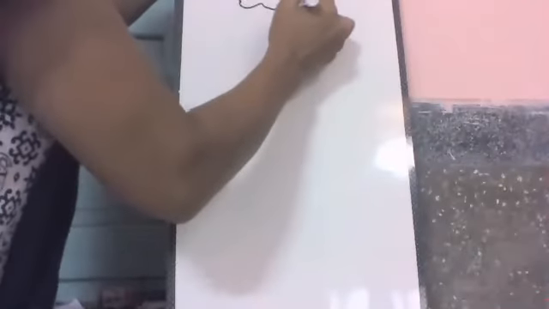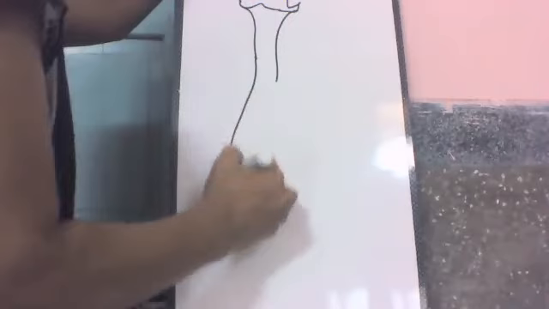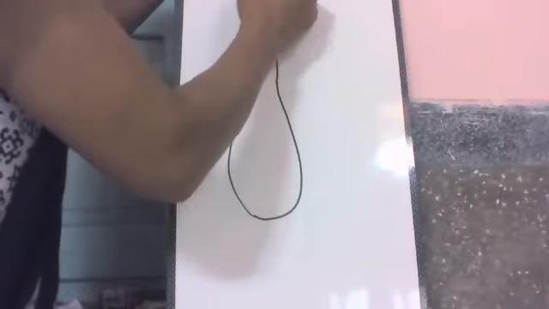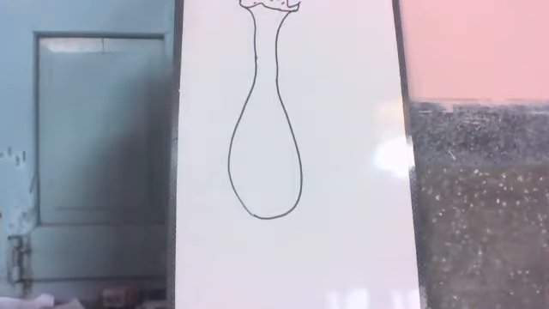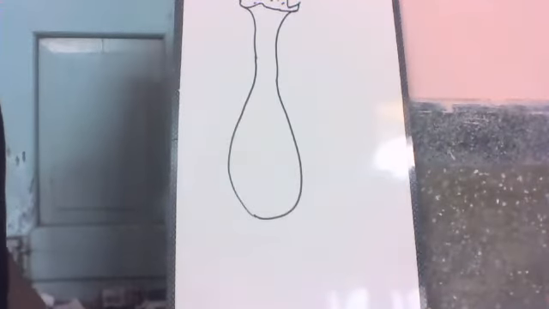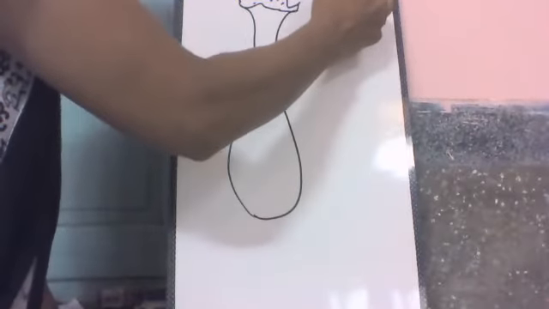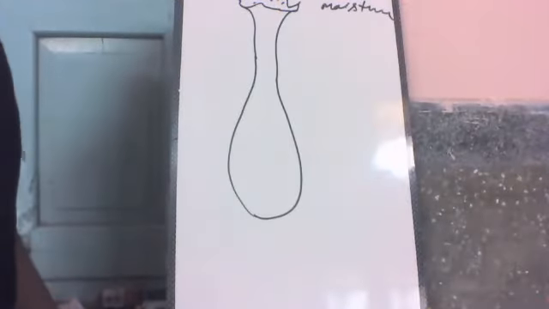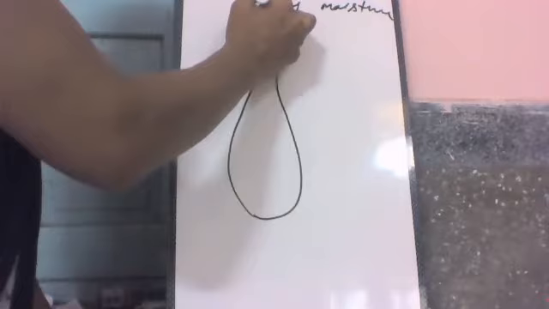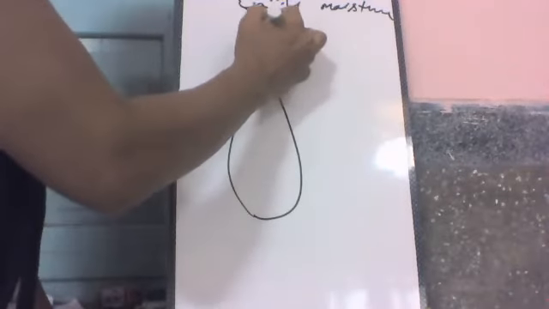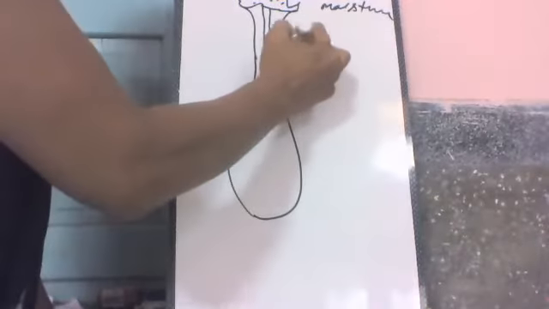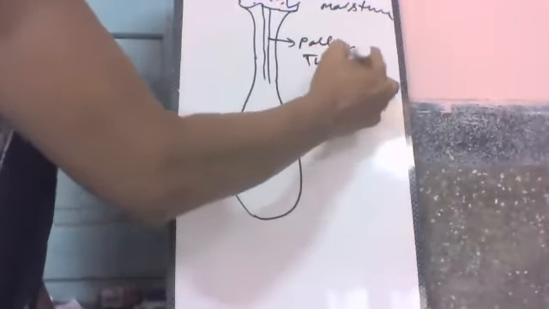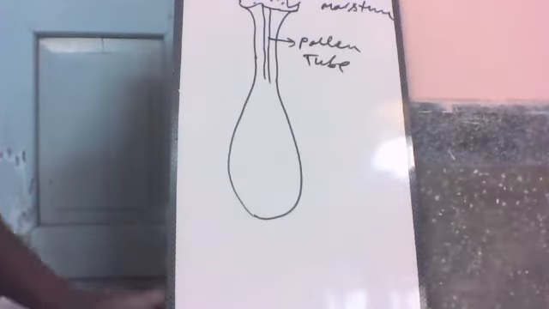After reaching the stigma, the pollen grains of the same kind of plant absorb moisture and swell up. On the stigma surface they begin to grow a tube. This tube is known as the pollen tube.